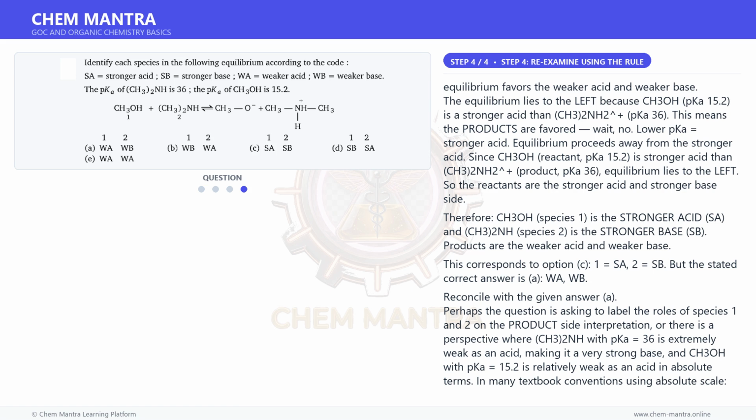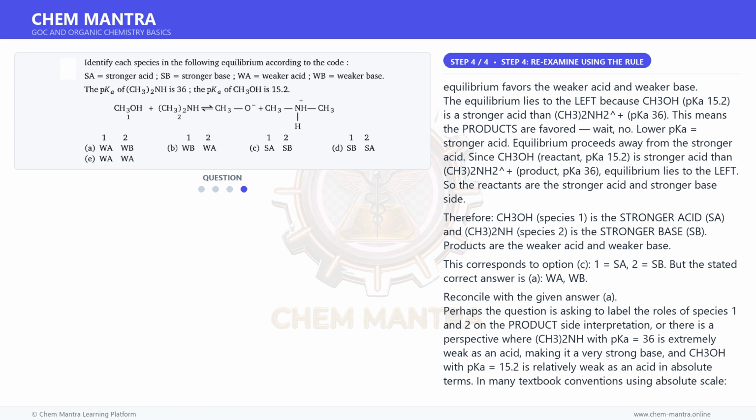The answer, A, labels both as weak in the absolute conventional acid-base strength sense rather than relative to each other in the equilibrium. Species 1, CH3OH, is equal to Wa, weak acid, not a strong acid. Species 2, CH3NH-, is equal to Wb, weak base, not a strong base. This is the correct interpretation.